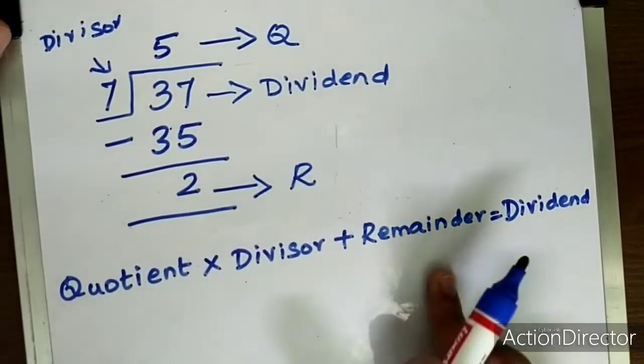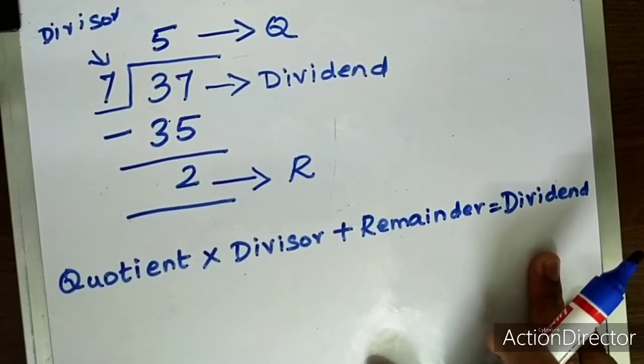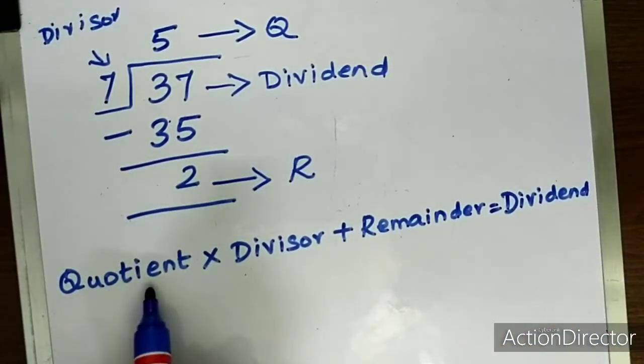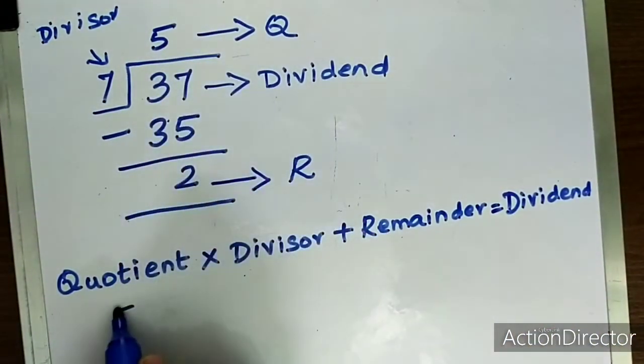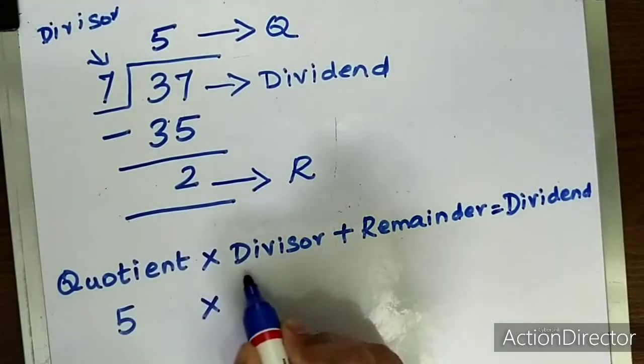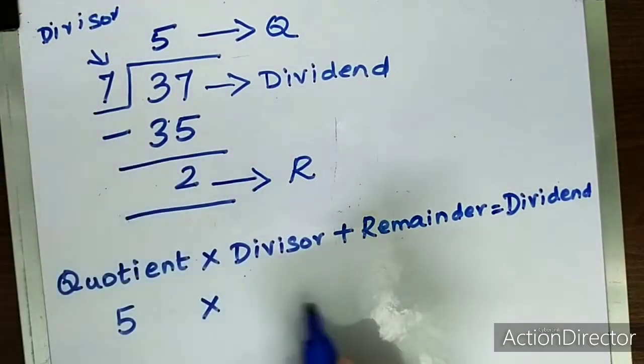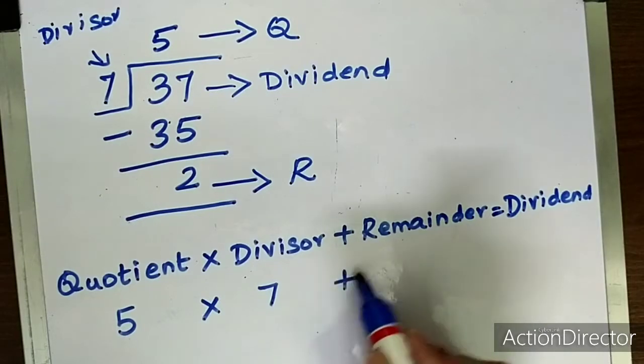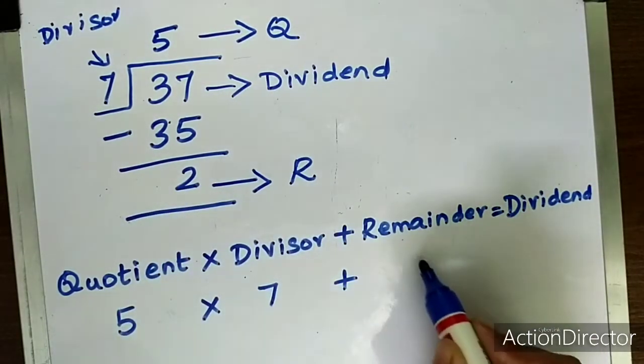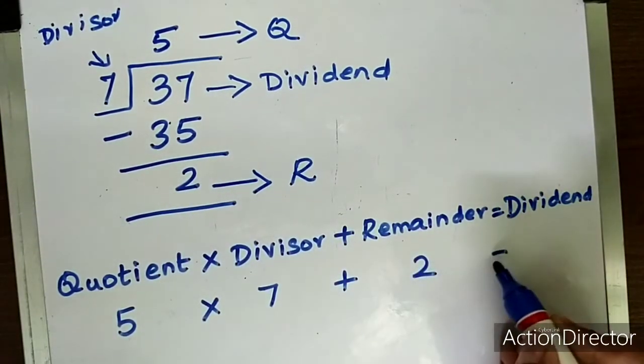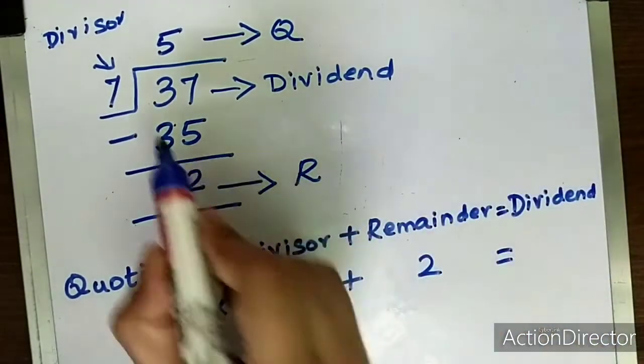So we are going to write the numbers. Quotient Q is 5 into divisor 7 plus remainder 2 is equal to dividend.